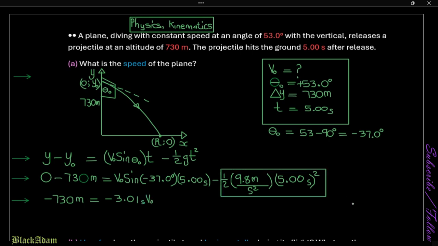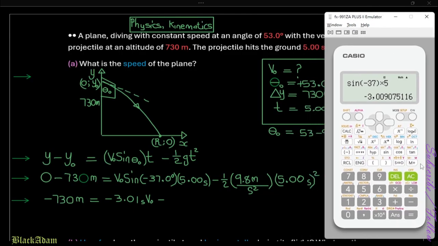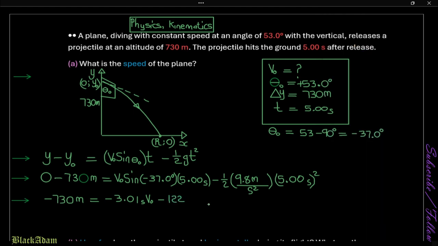Once again, we sort the other part: 5 squared multiplied by 9.8 divided by 2 is 122.5 meters. Remember we need the initial speed.